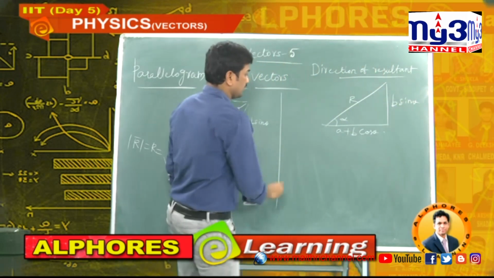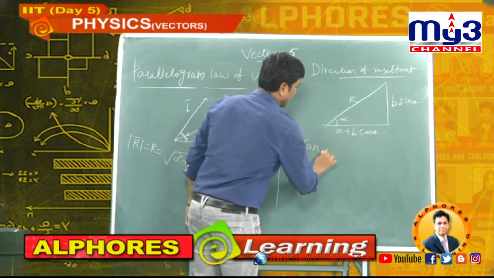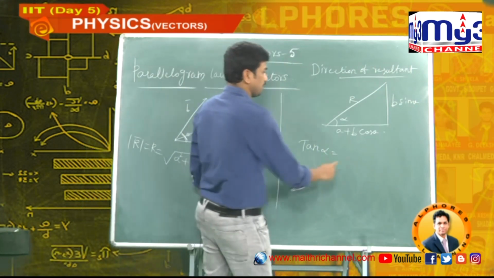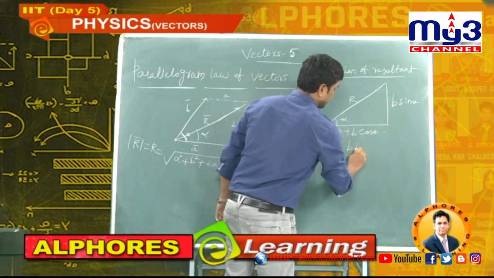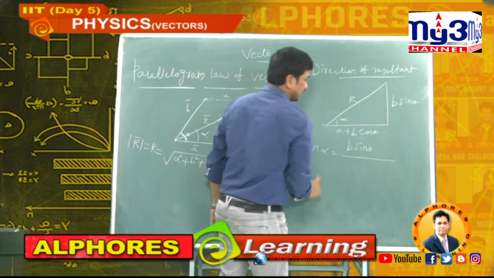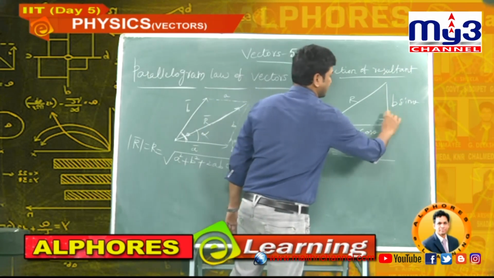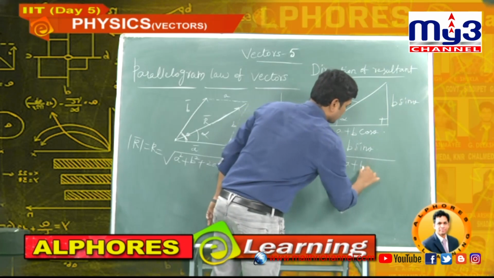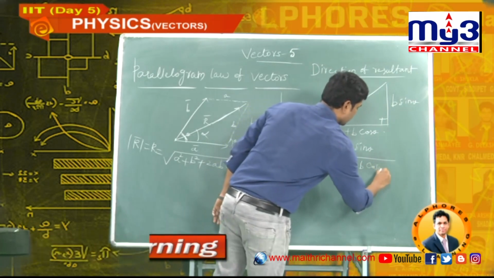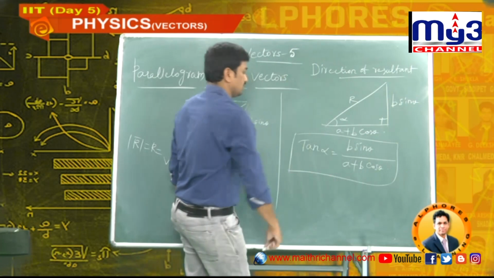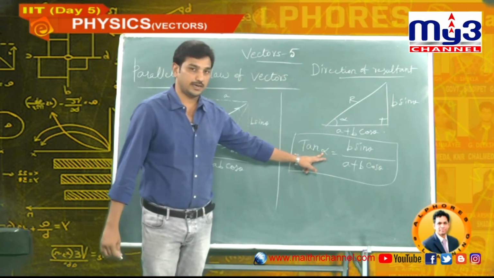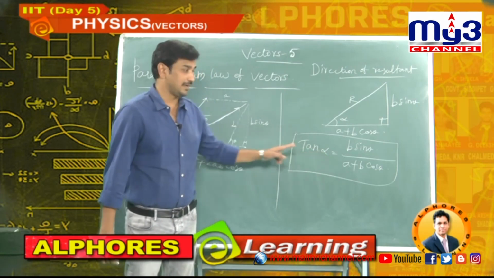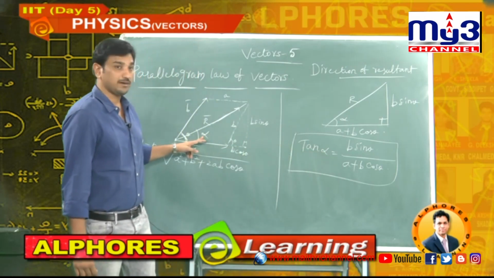Now, what is tan alpha? Opposite side by adjacent side: opposite is B sin theta, and the adjacent side of this right angle triangle is A plus B cos theta. Alpha is the direction of the resultant, that is, the angle the resultant makes with A bar is alpha.